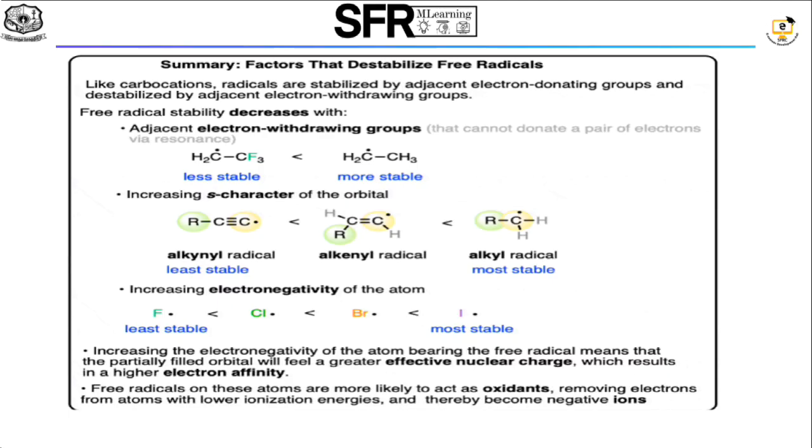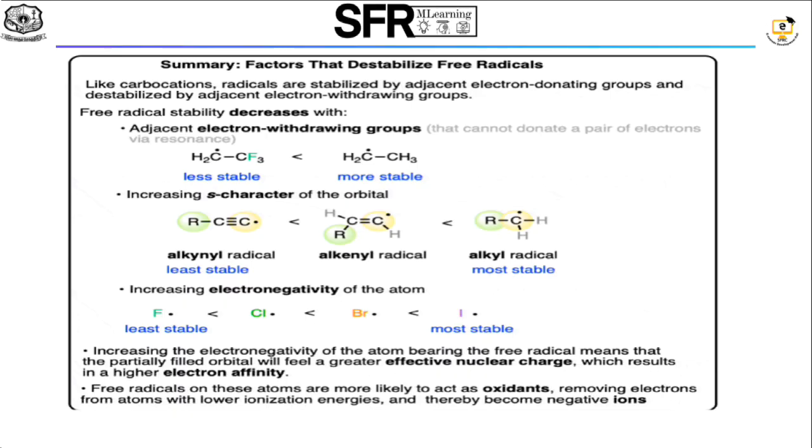The s character influences the free radical system: if the s character is less, it is more stable; as the s character increases, the stability is reduced. For example, the alkenyl radical is least stable and the alkyl radical is most stable.